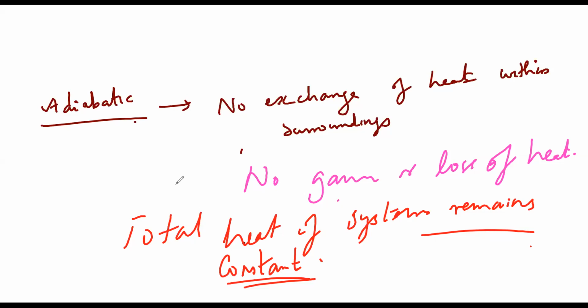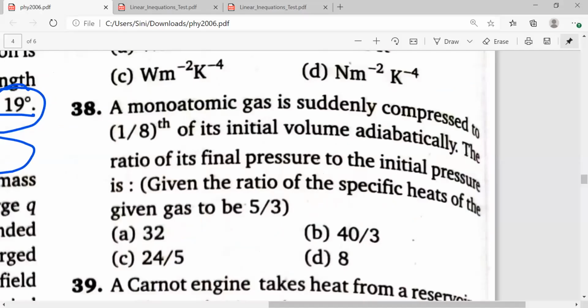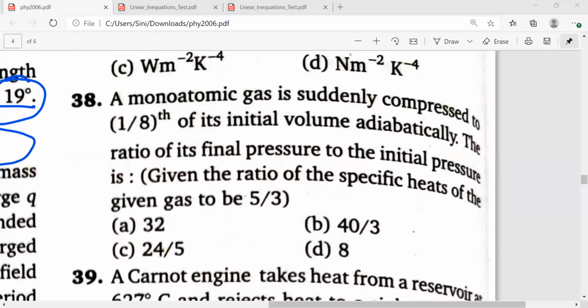So guys, coming to the question. Sometimes in the options it can come whether it's adiabatic or isochoric or isobaric or whatever it is, so we should be able to identify those things. Now coming back to this question, try this question and let me know the answer. 38th question.